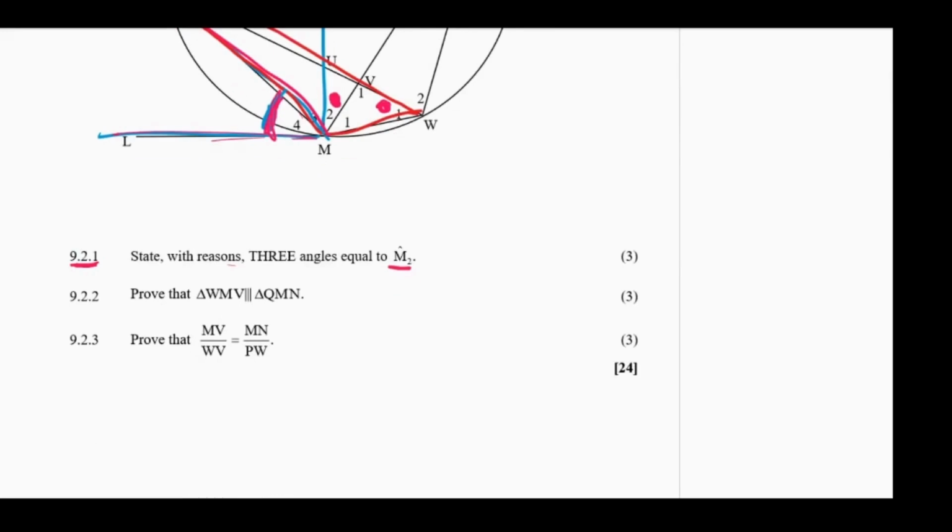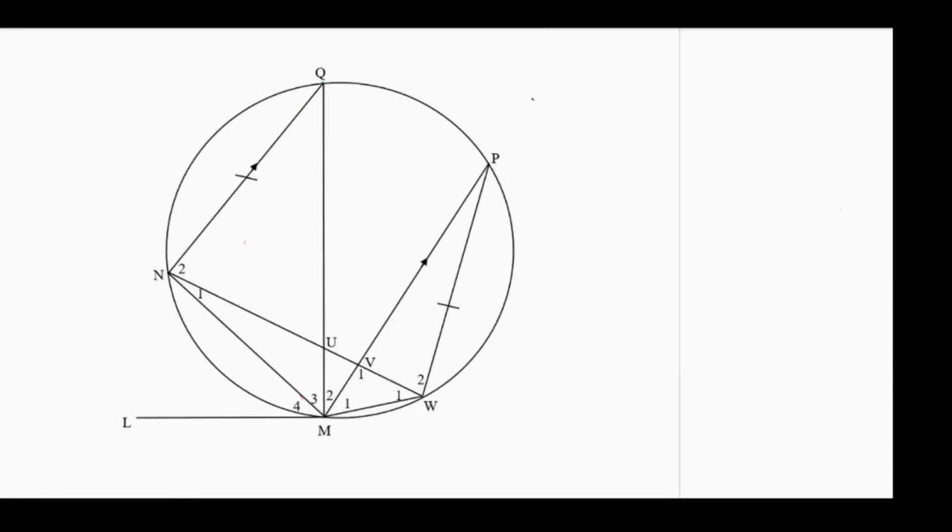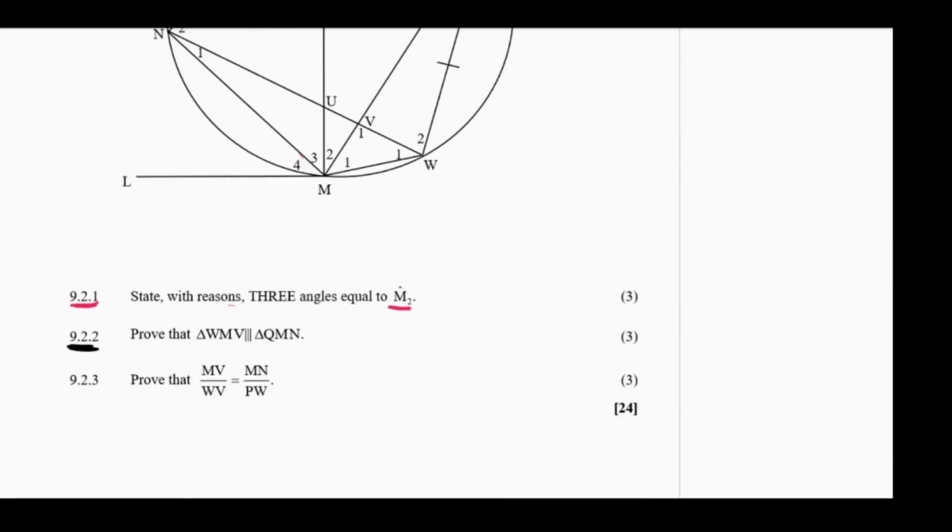Now let's go to this one. It says 9.2.2. Prove that triangle WMV is similar to triangle QMN. Now let me highlight the triangles. Triangle WMV.